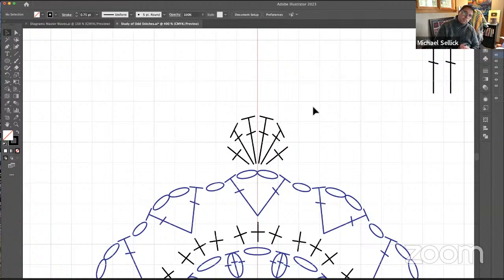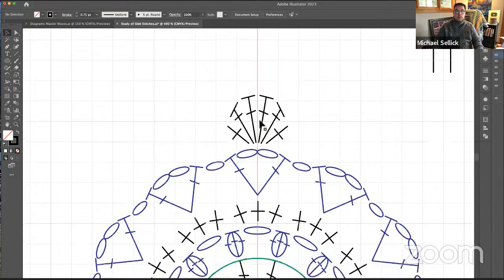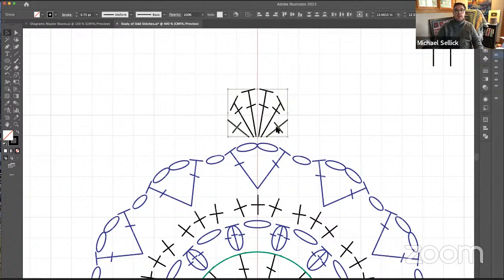So I have some magical stuff to do with this, so I don't want these to be too big. So there's 4 double crochets. And 2 singles. And that's it. So we're going to group those together and rotate those around. So group.